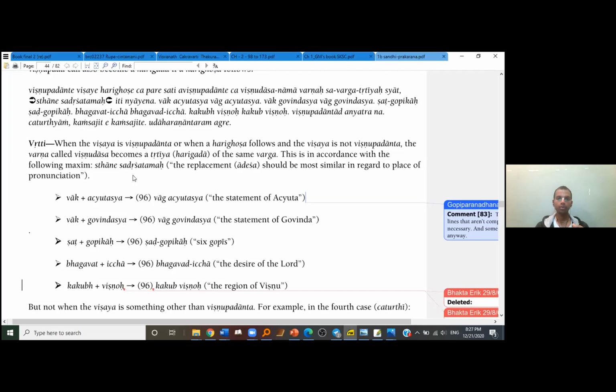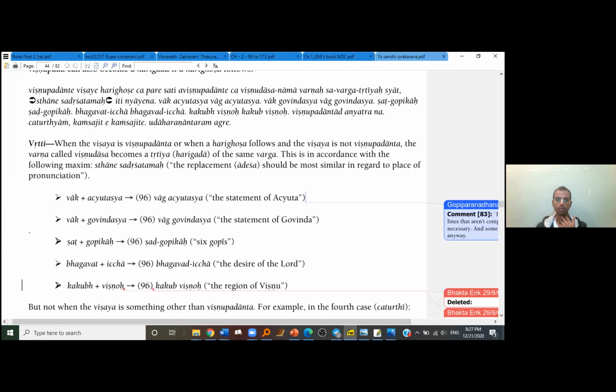So here ga, the next word, is pronounced from the throat. Now ka is changed to ga.